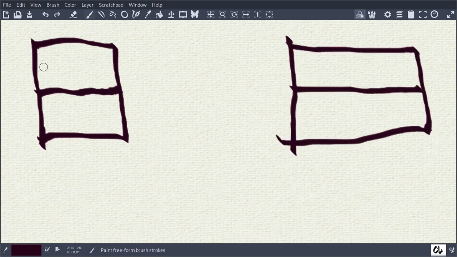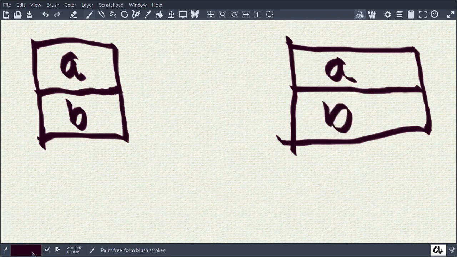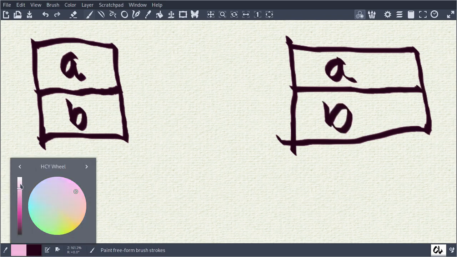We can have two sets. I'm going to represent them in a table with a and b, and let's change the color to pink.